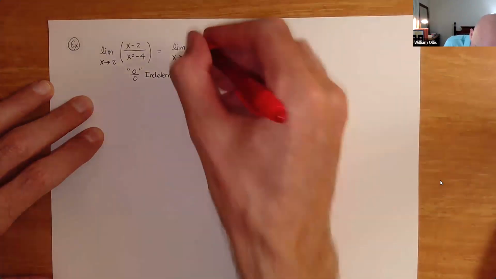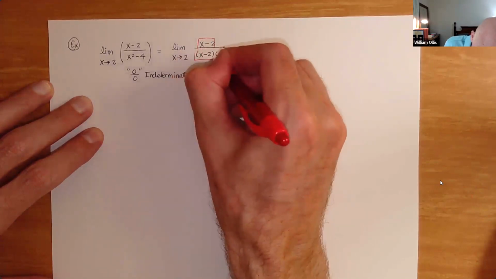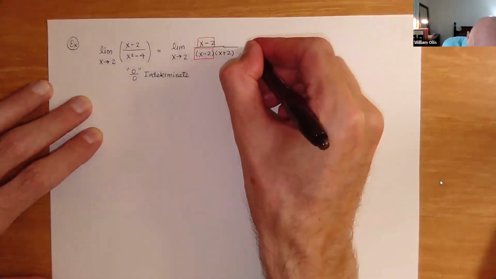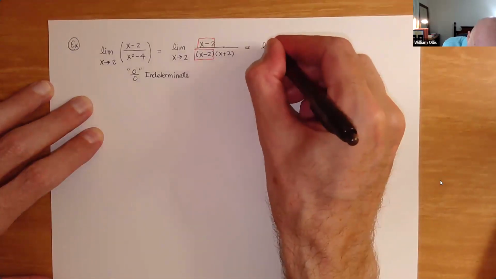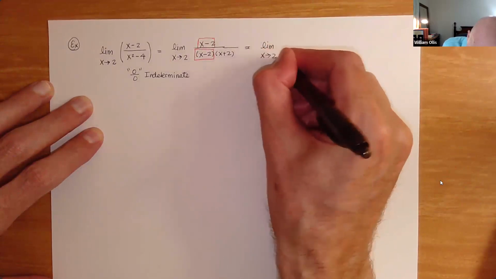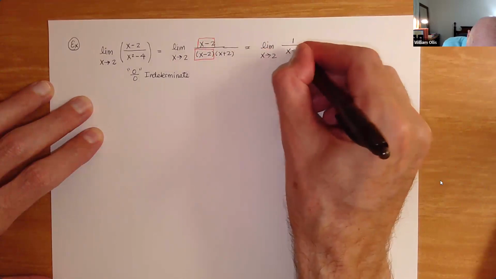Then the x minus 2 factors cancel, and so we have a replacement identity. That is, we replace the original function with 1 divided by x plus 2.